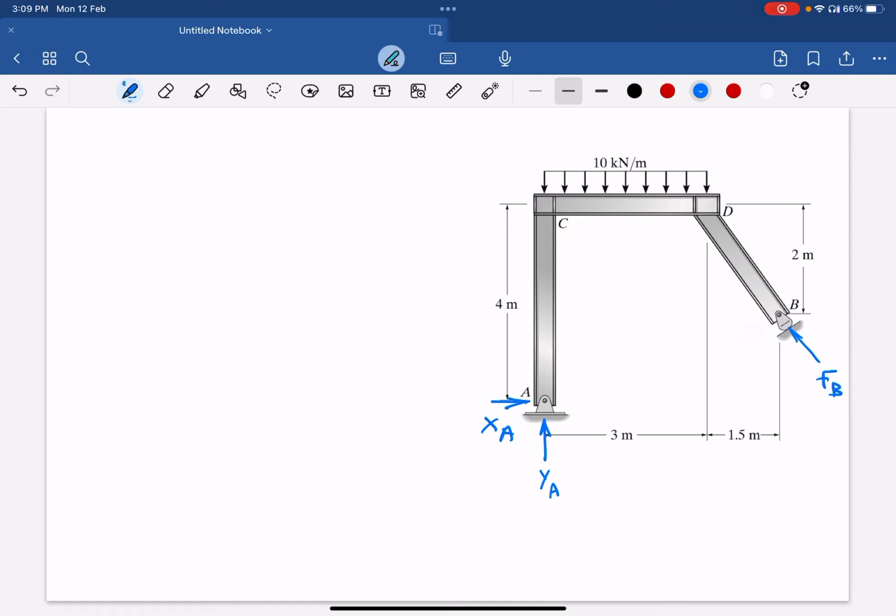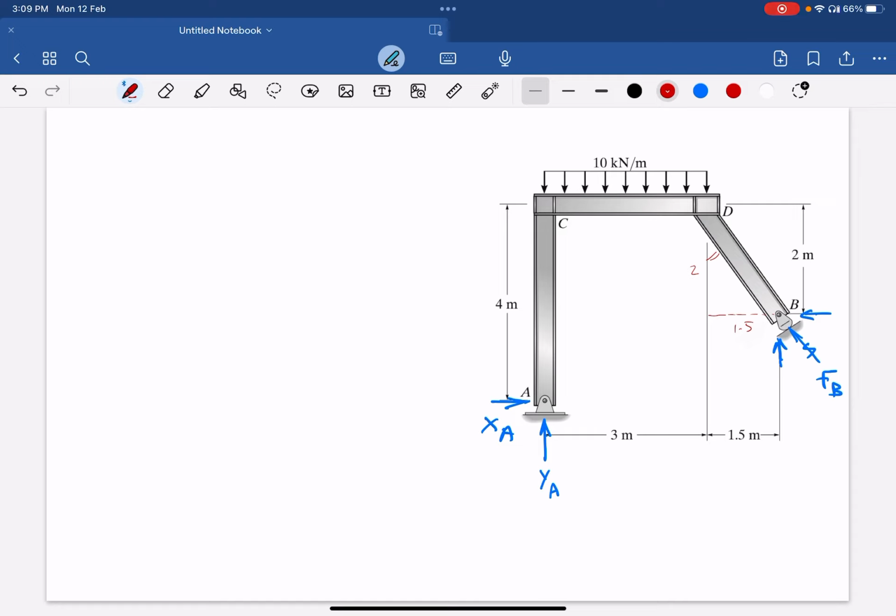For this F at B, it is better now to get the vertical and horizontal resultant, and to do that we need to get the angles. So we have a triangle here. This triangle is 1.5 meter and 2 meter, and therefore we can get this angle. It will be inverse tan of 1.5 divided by 2. Let's do that.